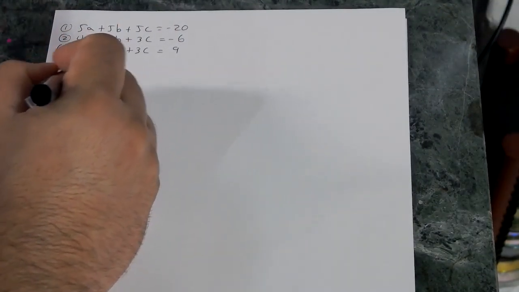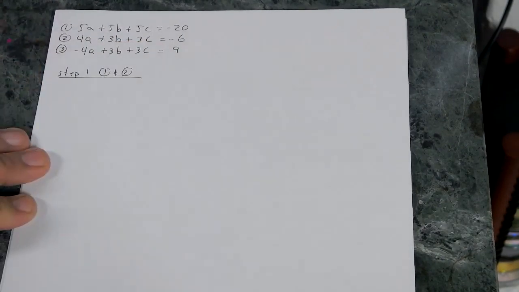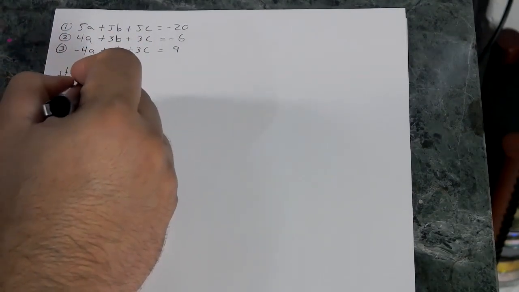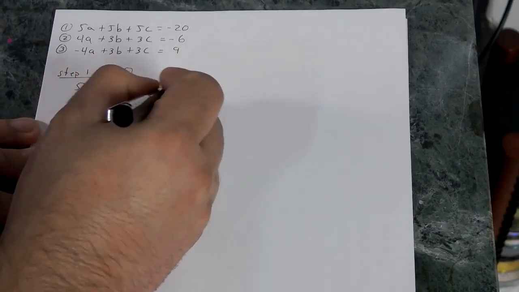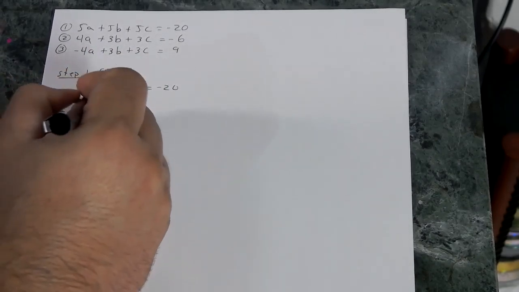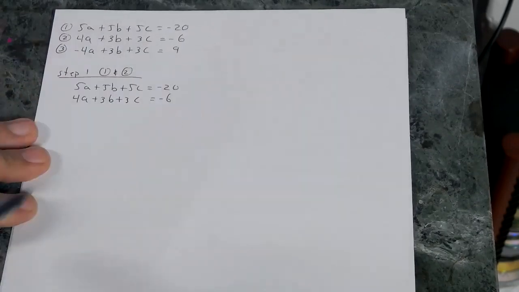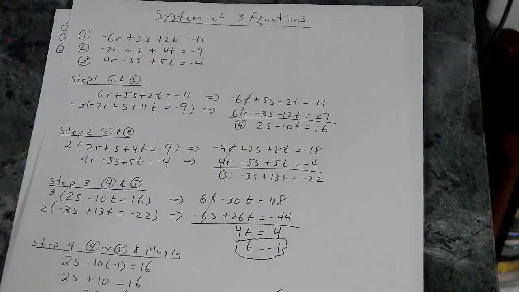Equations 1 and 2. Okay, so I'm going to take those first two, 5a plus 5b plus 5c, and 4a plus 3b plus 3c. See, use all the space like I did here so people can see what you're doing.